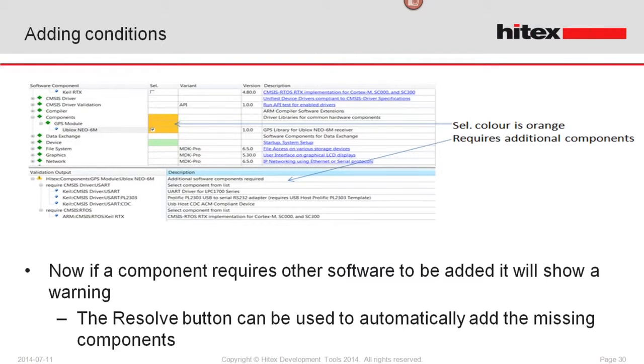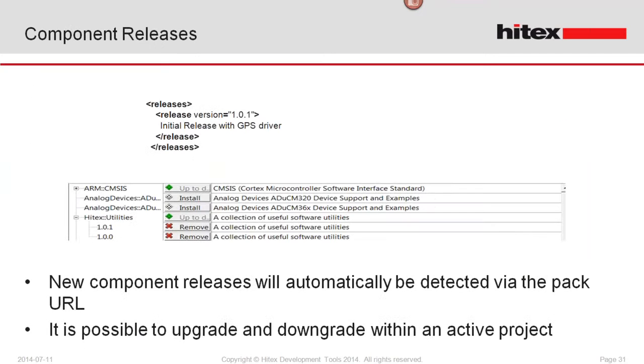So here we've now reinstalled the component, so when we select it, the selection column turns orange, and that tells us that we have to add some additional components. And then in the validation section underneath, it tells us what components are necessary. So we need a UART and we need the operating system to be added. And then we can add this component to our project, and the platform is correctly configured so that we can start using it.